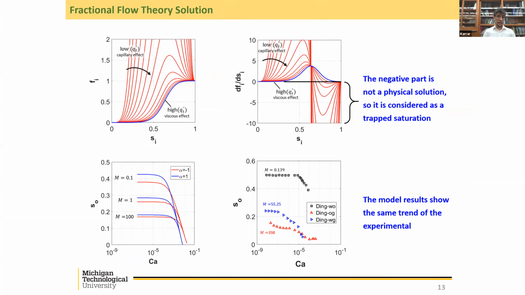To the right is the derivative of the fractional flow rate equation. However, we consider the negative part from the right curve not a solution, and it is a trapped saturation. The figure below left is the trapped saturation extrapolated with the capillary number, which is consistent with the results of other experiments.